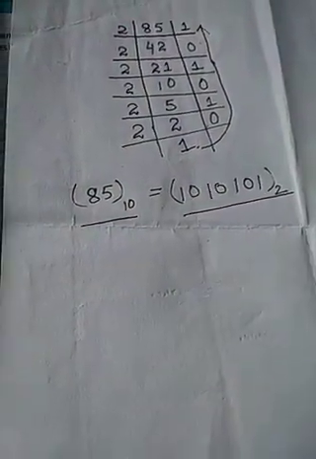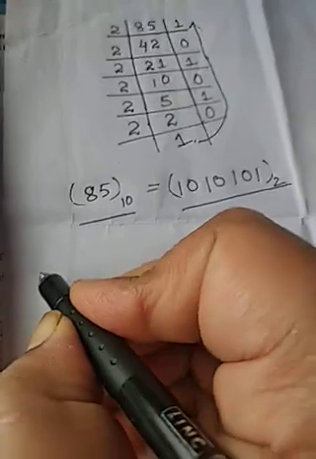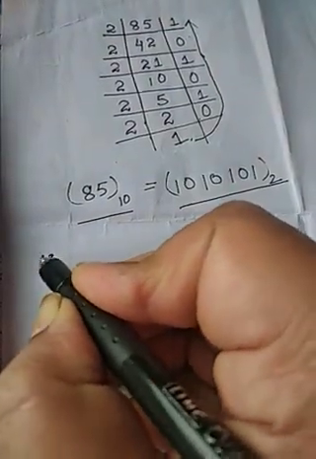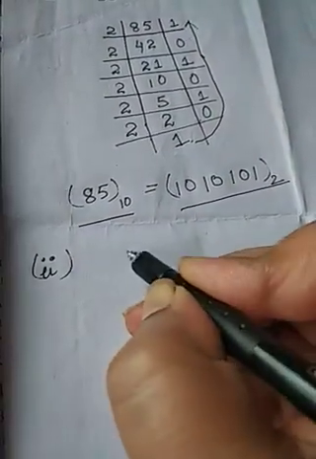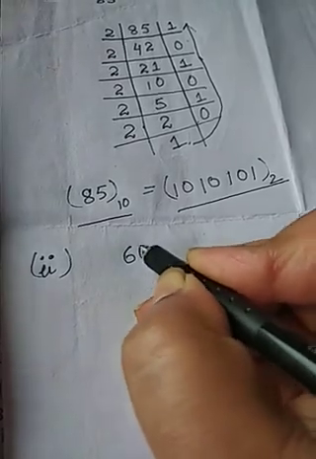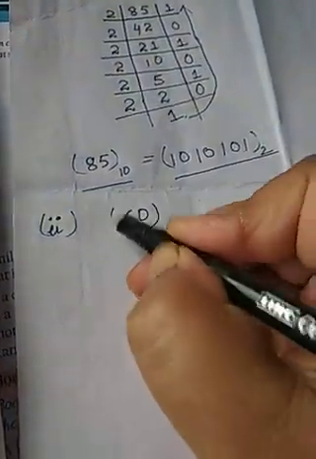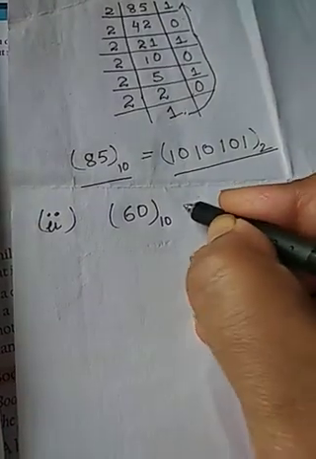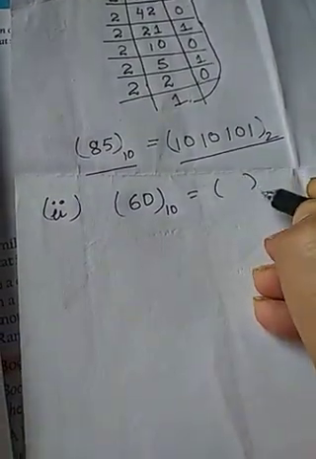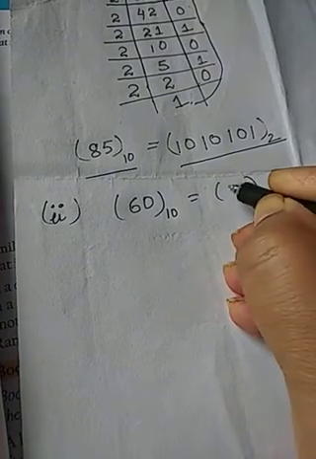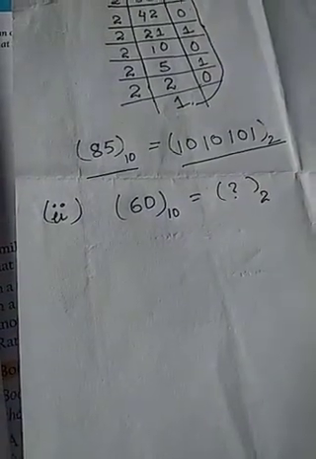Let us take another example. One more example we'll take. Let us take 60. This 60 is a decimal number and we have to find the binary equivalent of 60.